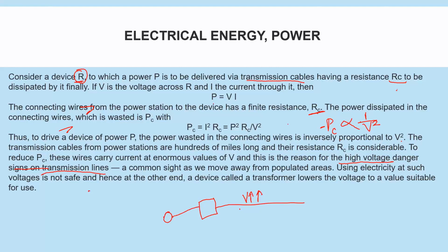They require low voltage current. So we have a device in between, where the high voltage is reduced to a suitable voltage required for home purposes. These are called transformers.